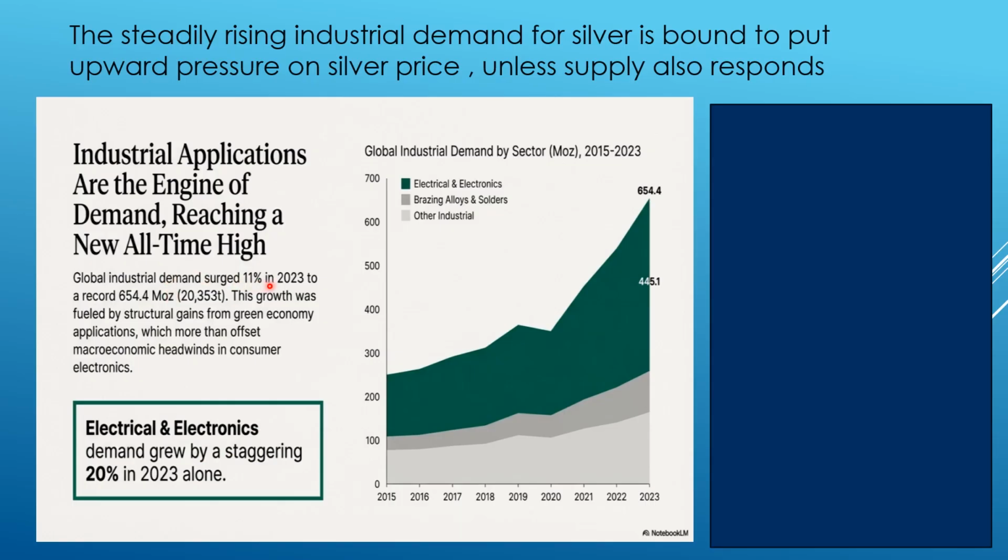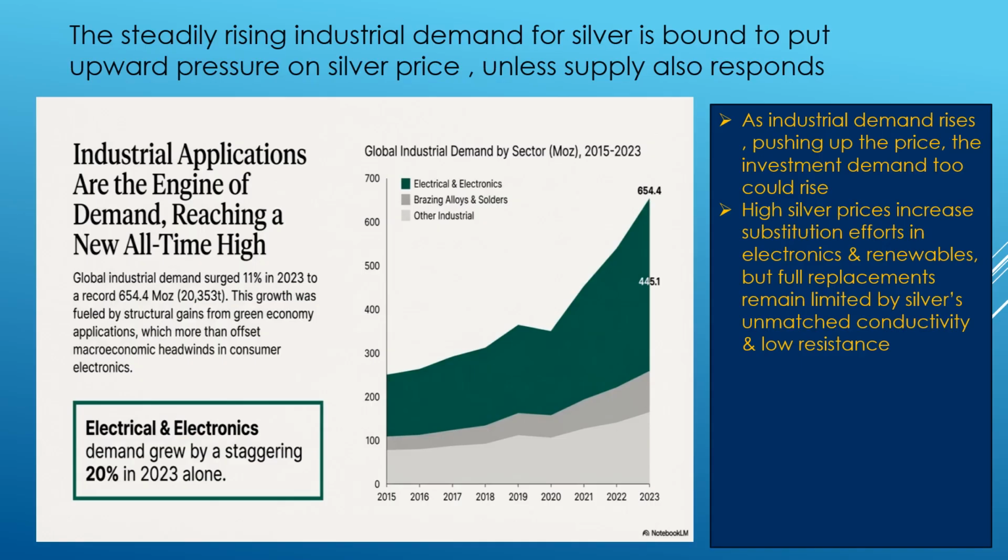Global industrial demand surged 11% in 23 to a record 654 million ounce. This growth has been fueled by structural gains from the green economy applications, which more than offset the macroeconomic headwinds in the consumer electronics. Now, as industrial demand rises, pushing up the price, the investment demand too could rise.